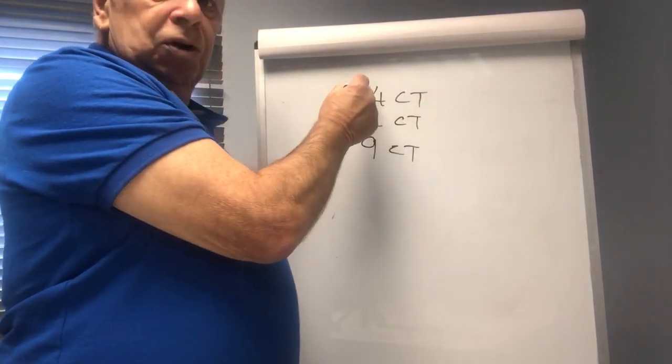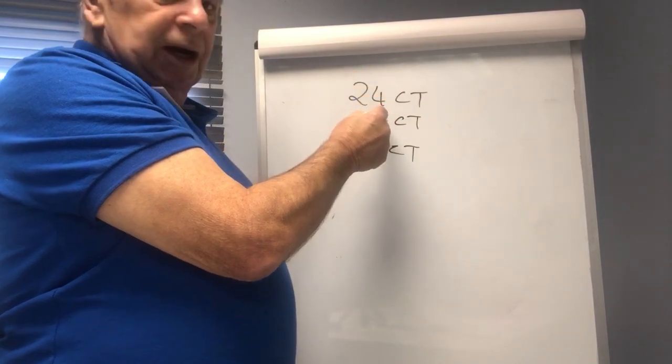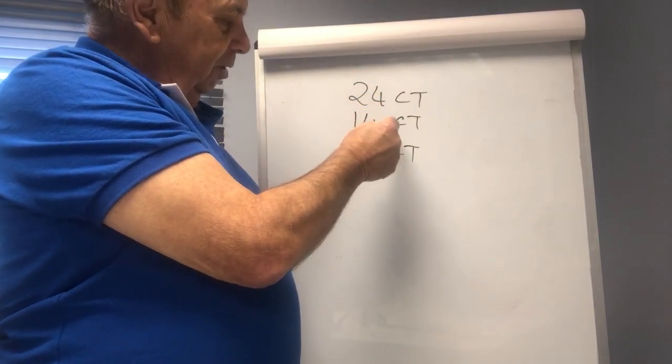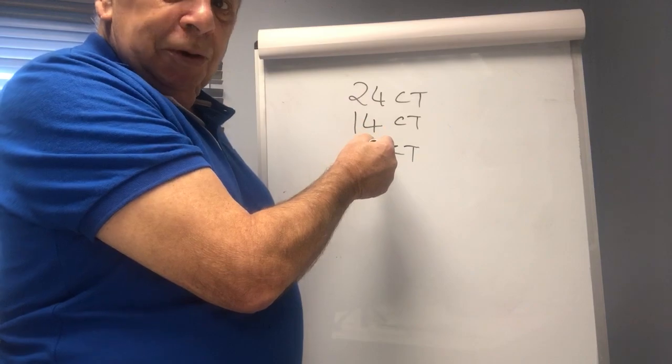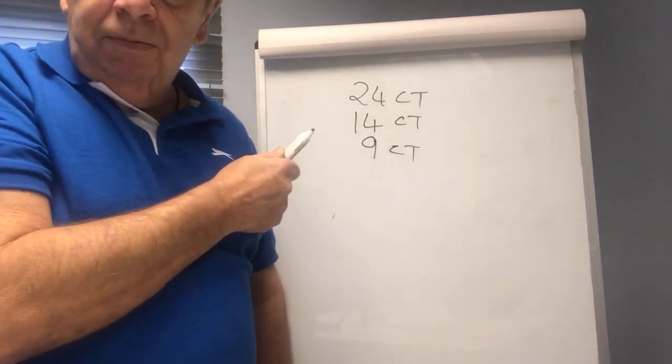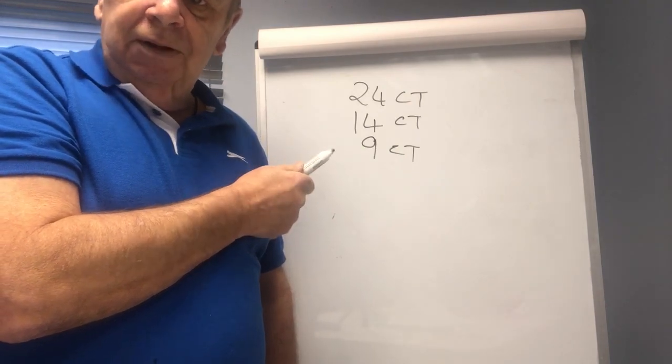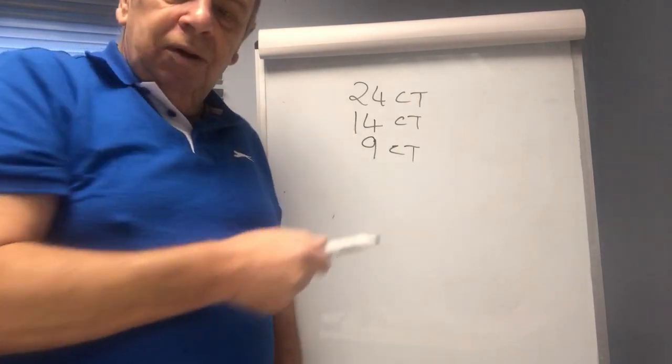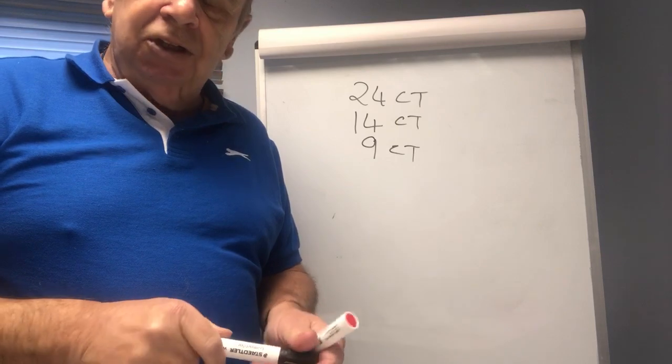This is pure gold, that is impure gold, and that is even less pure gold. But why they add things like nickel or maybe silver and copper to pure gold is to modify its properties.